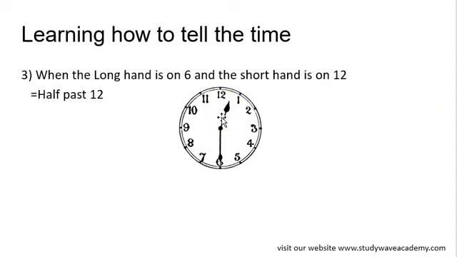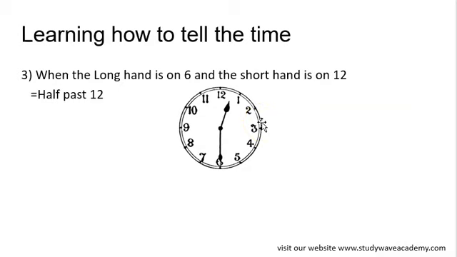So we'll read the time as 12:30. Do you understand? Good. We have done so many examples, so we understood this, right? The long hand is at 6 and the short hand is at 12. So it's read 12:30. Good. Let's move on to the next example.